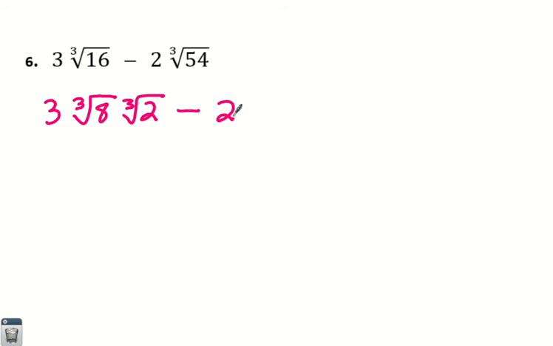And over here, I can't do a clean third root of 54, but I can break off a 27, and that's going to leave third root of 2. So I rewrote third root of 54 as the third root of 27 times third root of 2.